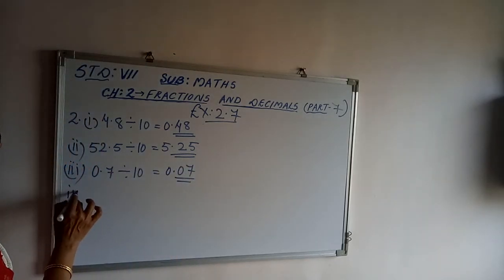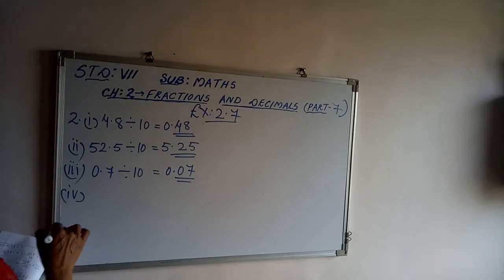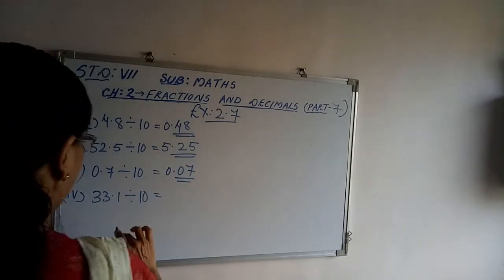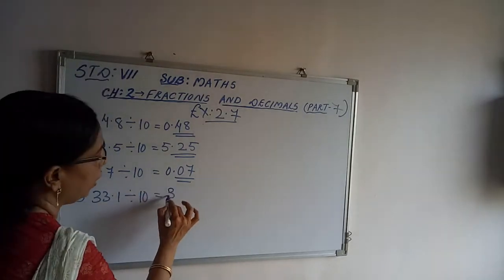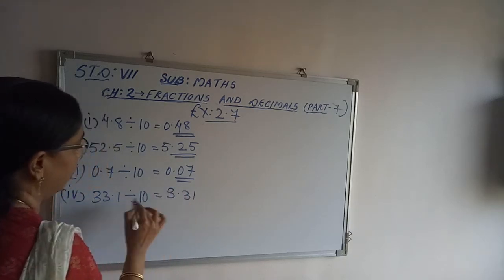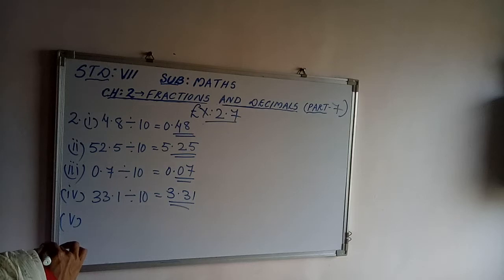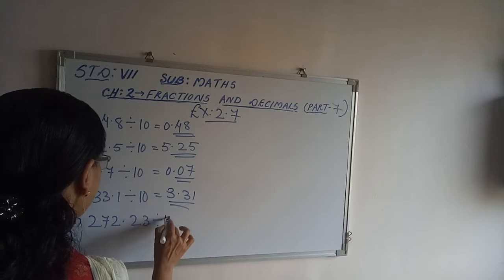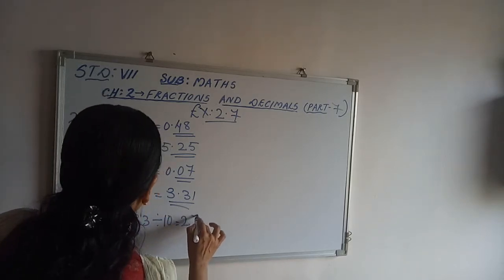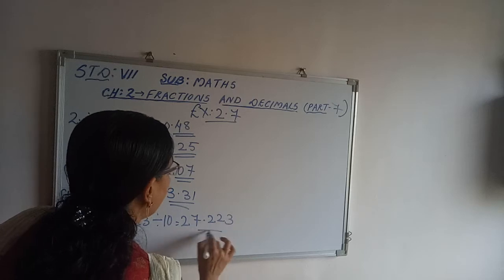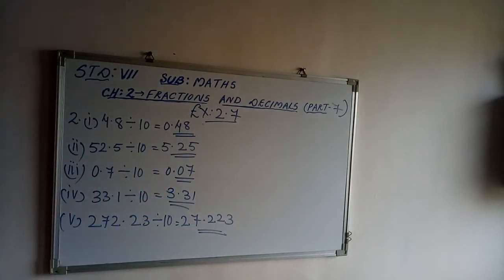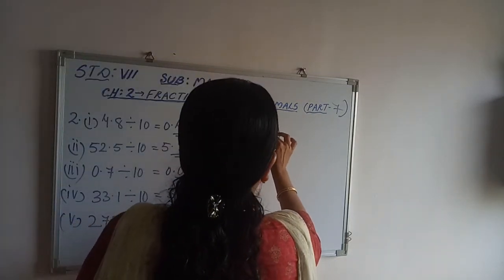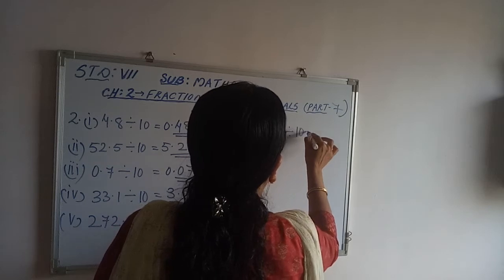Now then fourth one, 33.1 divided by 10. Here 3.31, isn't it? Now next one, fifth one, 272.23 divided by 10. 27.223, isn't it? Now question sixth one, 0.56 divided by 10.